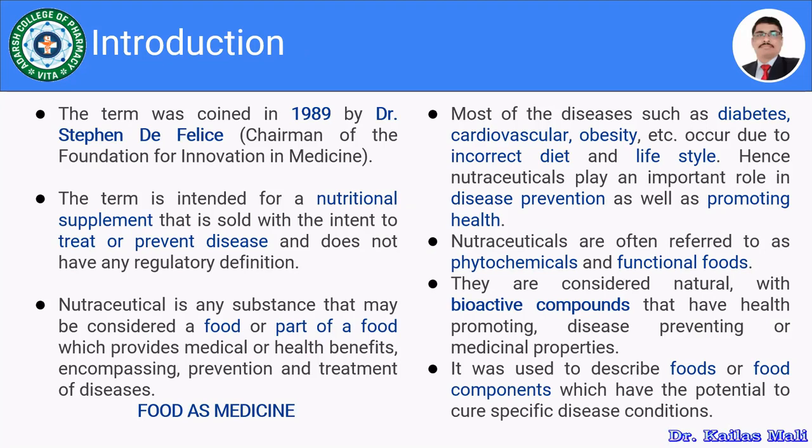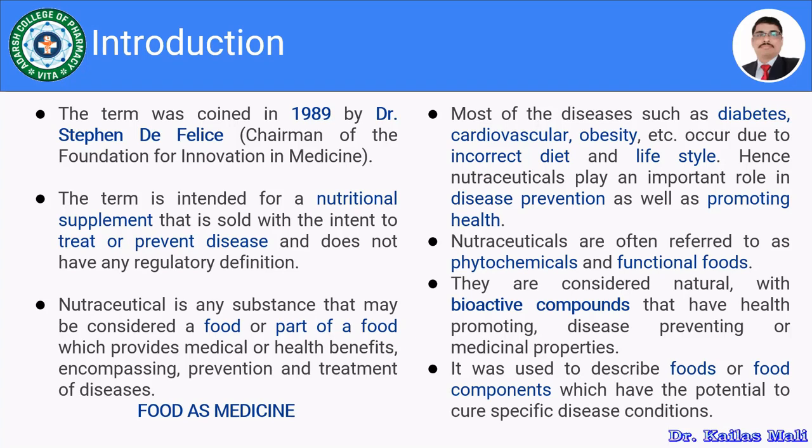The term nutraceutical is a very broad terminology. All of you are aware of the pharmaceutical definitions; all the regulatory books define pharmaceutical terms. In the same way, the term nutraceutical is not described in any official compendium or by any regulatory body.